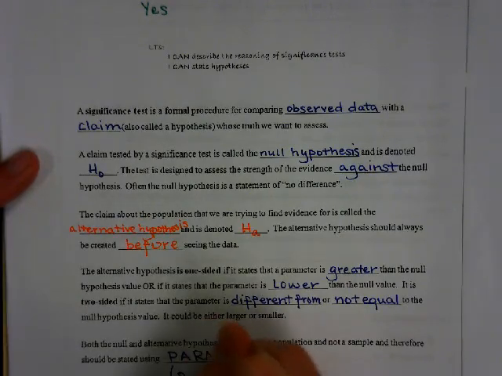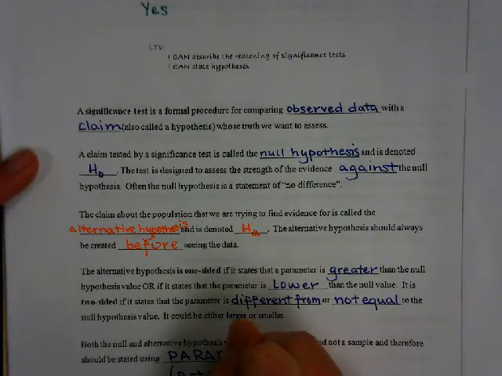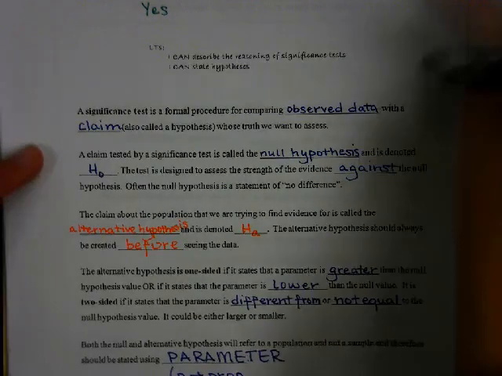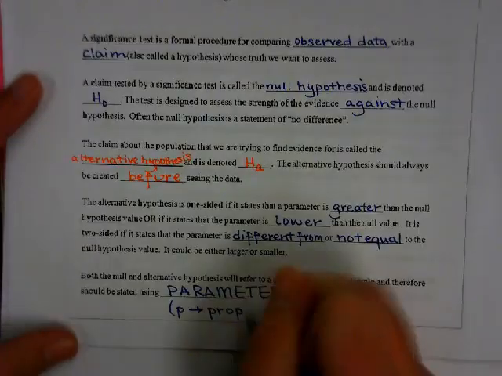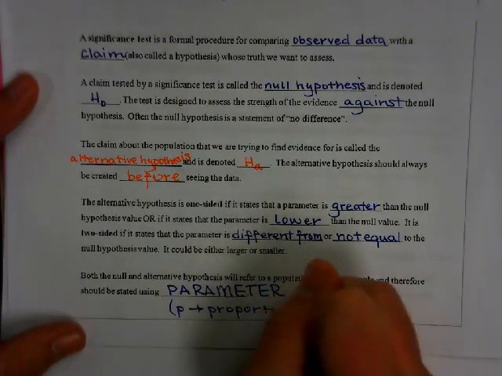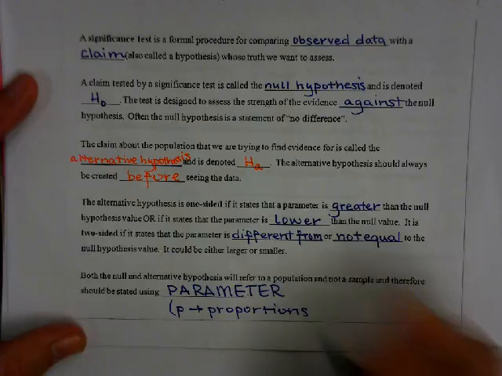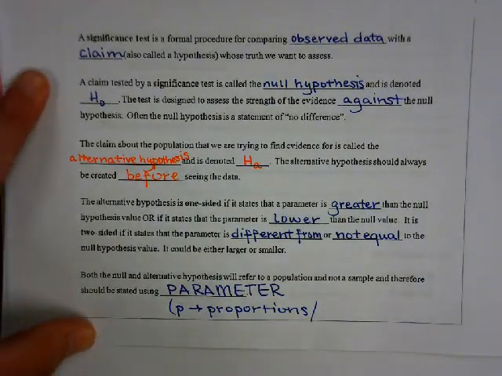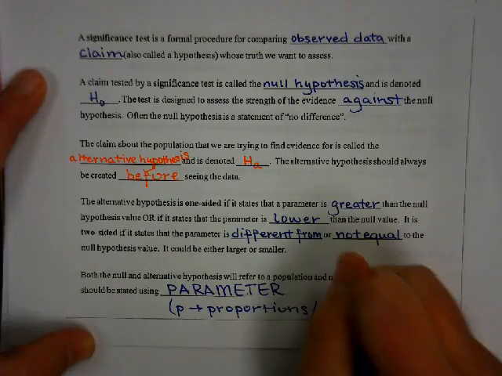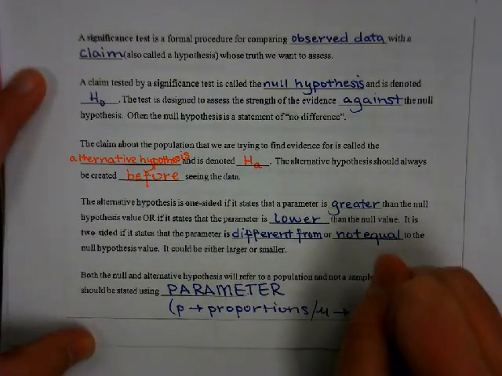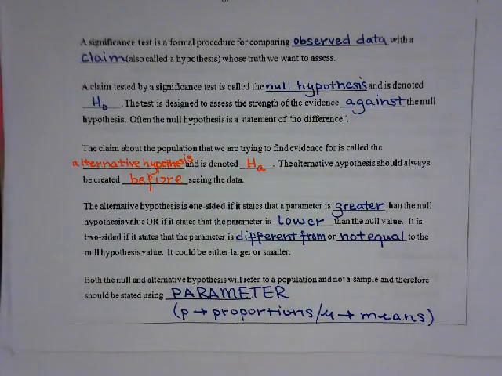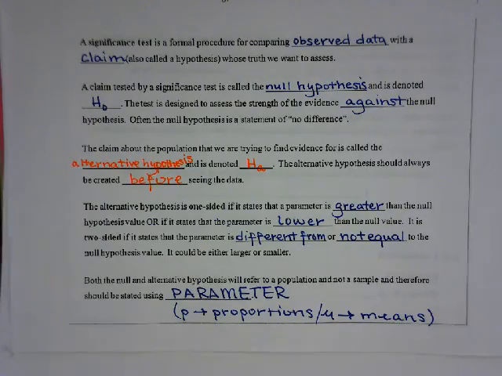And if we're working with means, the parameter is what? Mu. Thank you. If you put p hat or x bar when you're stating your hypotheses, you will lose credit.